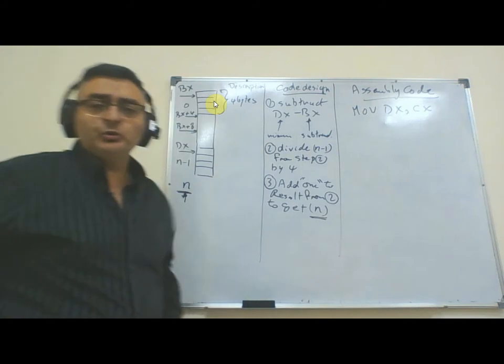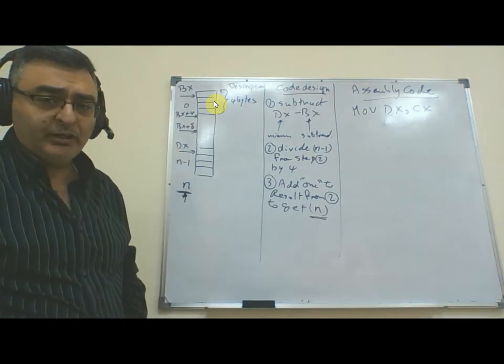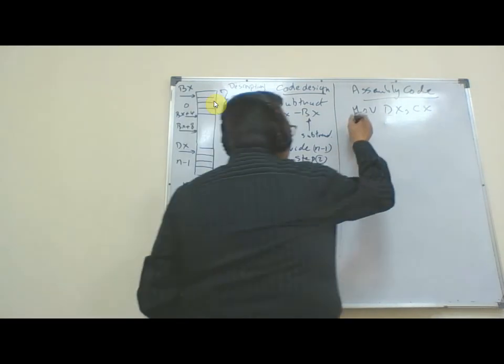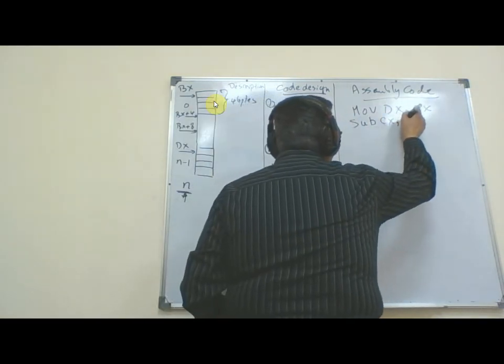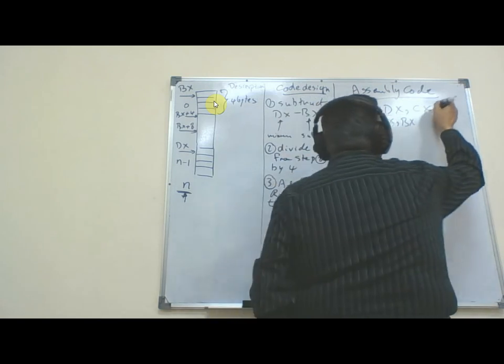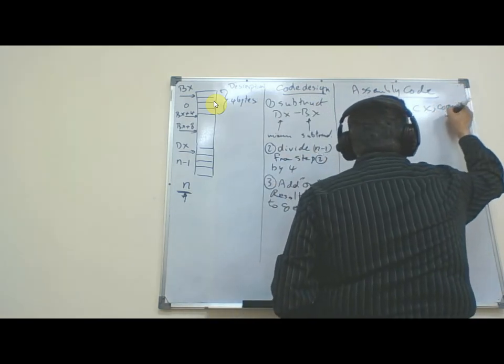So I don't want to lose the index dx that's pointing to the last element of the array. This is actually copying in cx.